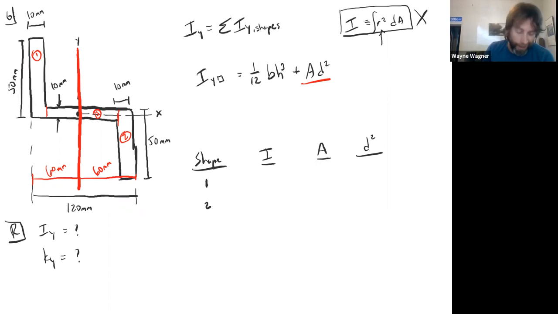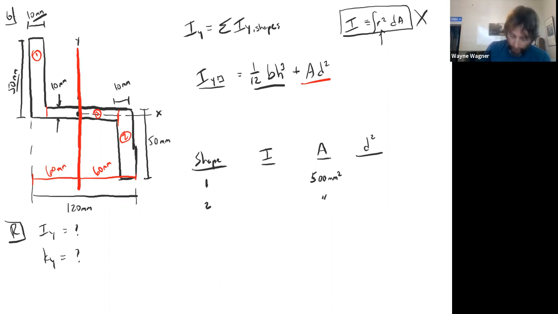So for shape 1, let's get the area first, because that's actually the easiest thing. It's 10 millimeters times 50 millimeters, so it's 500 millimeters squared. This is the same. Now the I, the formula for a rectangle right here is 1/12 base times height cubed. One of the keys here is that you have to think about what the base is.